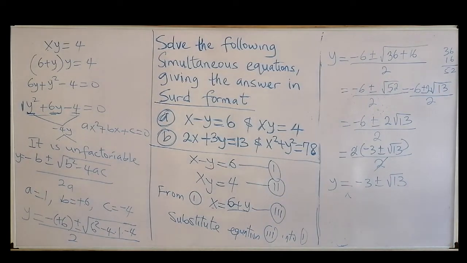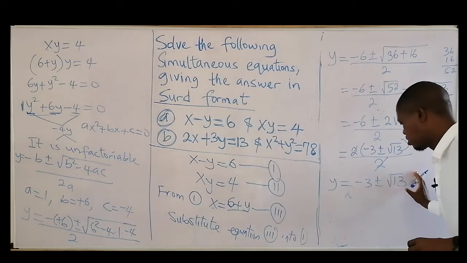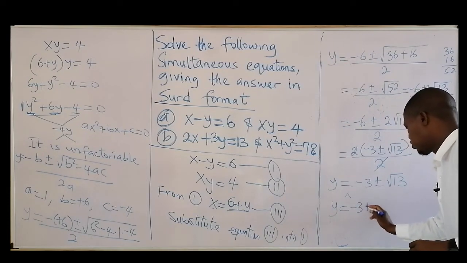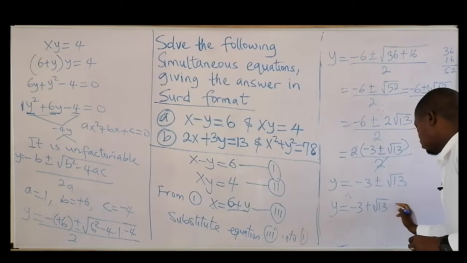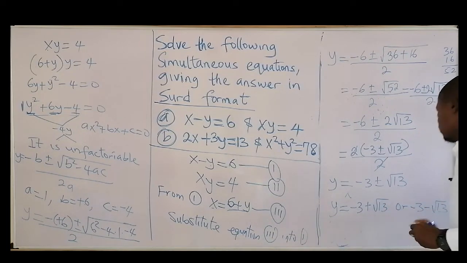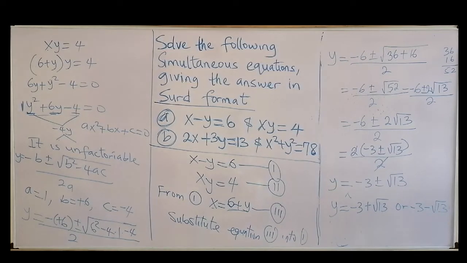But we will need to calculate the value for x. And don't forget this connotes minus 3 plus root 13 or minus 3 minus root 13. So that's our answer for y.